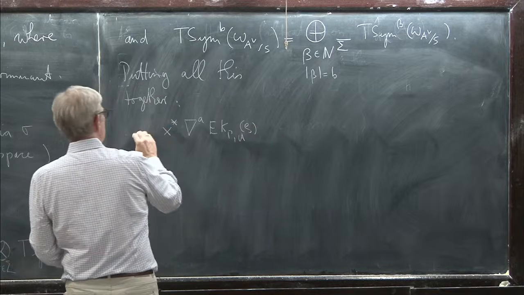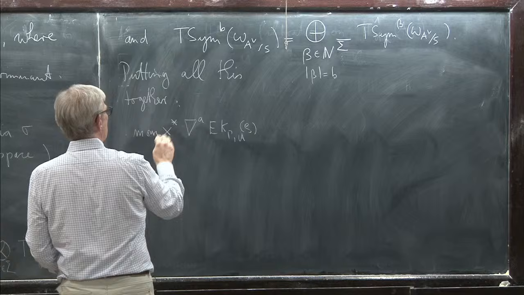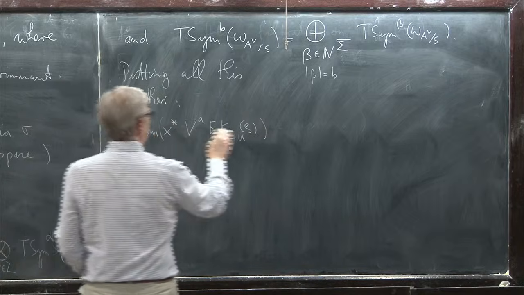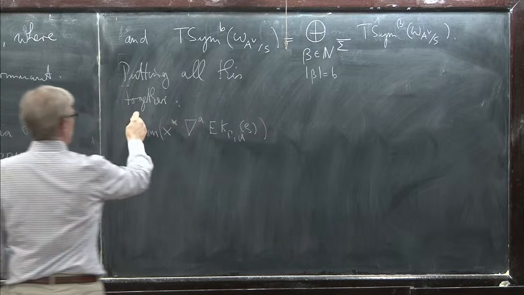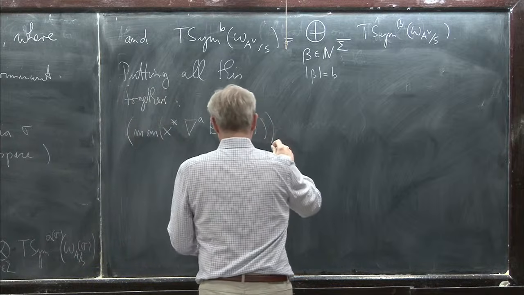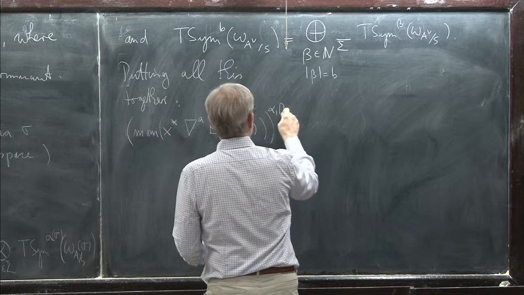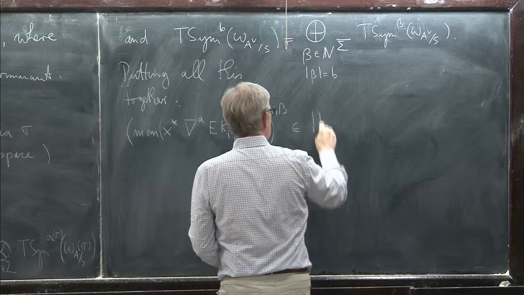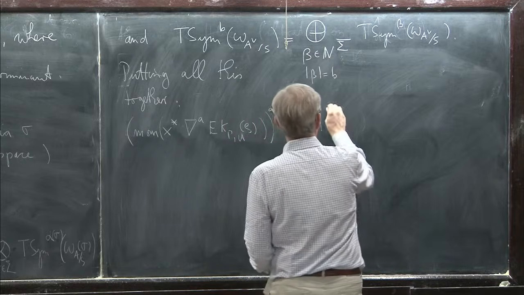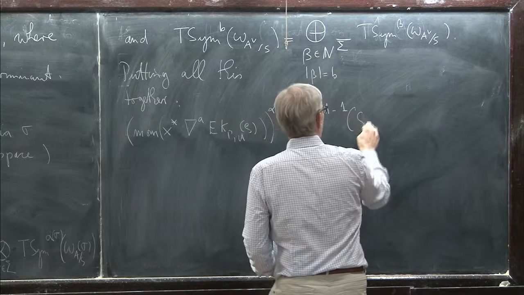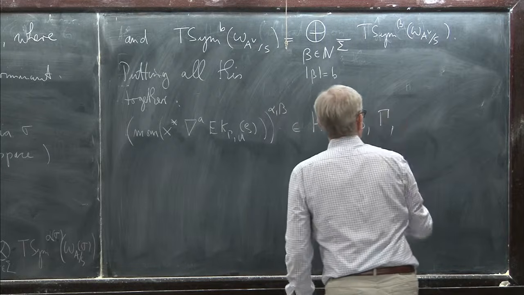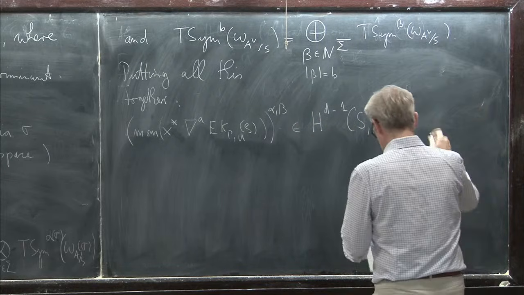And now we take the moment map to it. And now we can decompose this into types alpha beta, so alpha beta type. And this is then a class in H^(d-1) of the base, equivariant with respect to gamma.